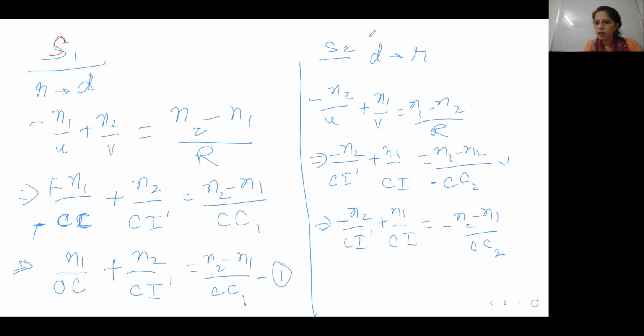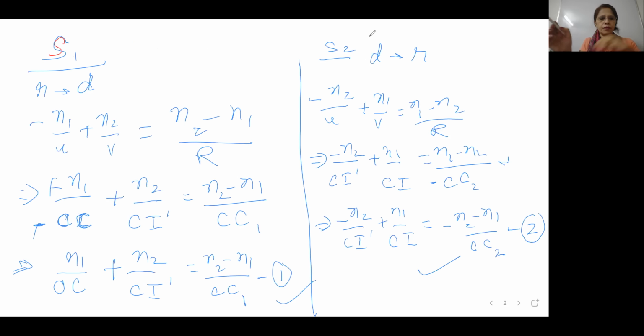I'm just rearranging this, so put this equation number 2. Now I'm getting these two equations. Now we will be adding equation number 1 and equation number 2.